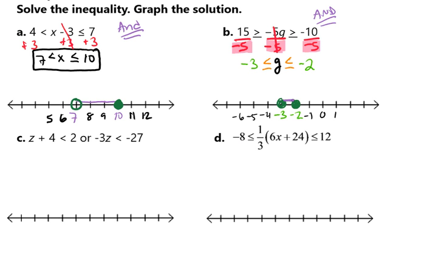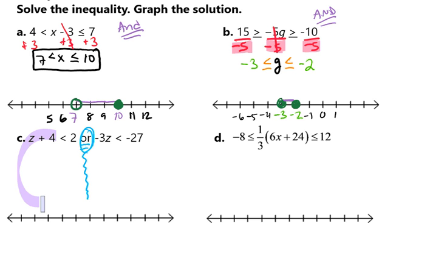Let's take a look at letter C. Here we have z plus 4 is less than 2, or negative 3z is less than negative 27. So this automatically tells us that we're dealing with an OR. This is how to work an OR problem. You're going to divide it down the middle, just like that, and you're going to work out two separate problems.